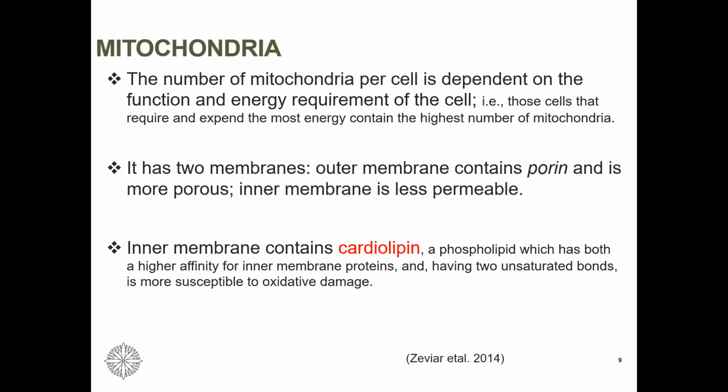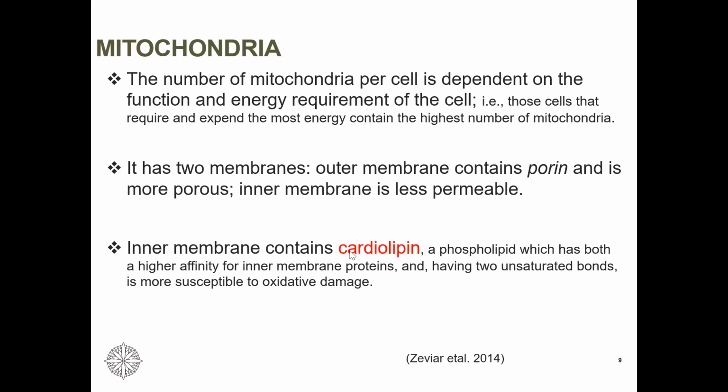Now we were talking about how it has two membranes. There is one outer membrane that contains porin, a structural component that ensures that there is a porous environment in that outer membrane. Why porous? Because all those metabolites that we generate from carbohydrate and fat and protein have to enter so that our Krebs cycle or oxidative phosphorylation or ETC can take place inside the inner membrane.